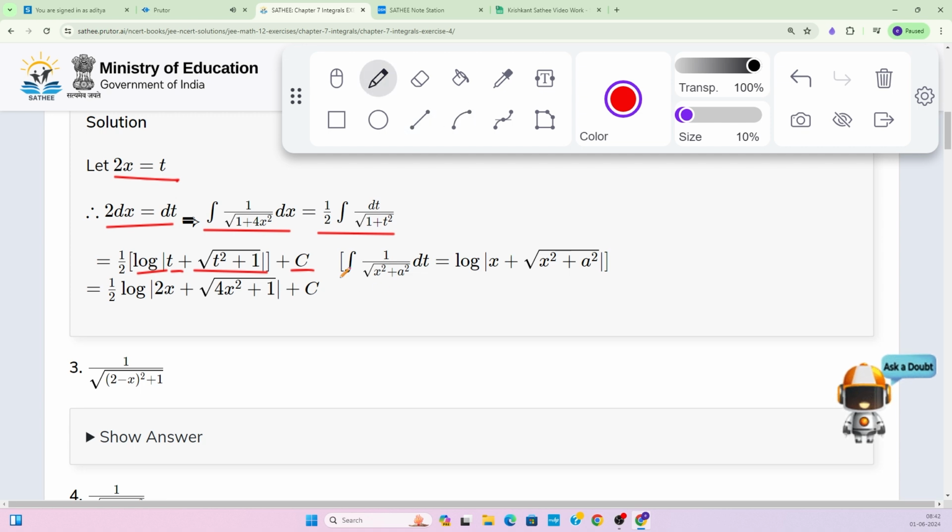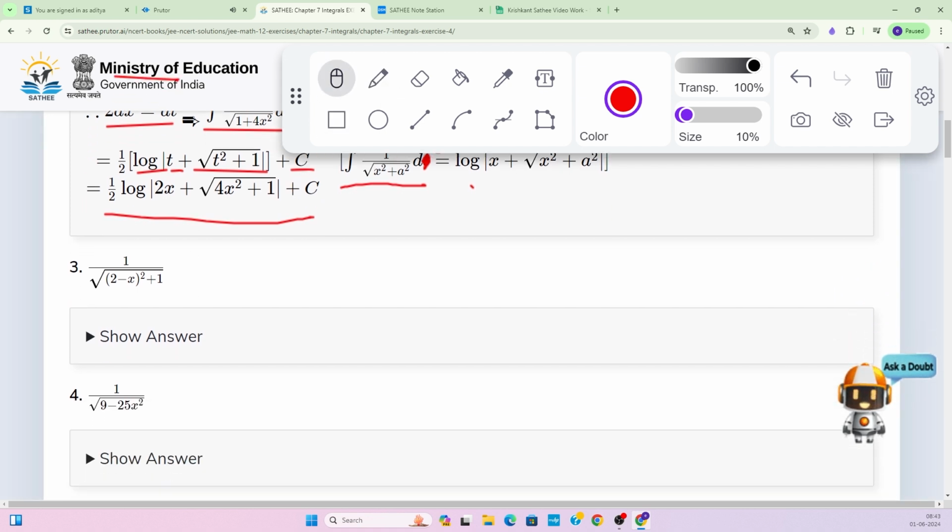As you can see from here, that 1 by root x square plus a square dx is equals to log of modulus of x plus root of x square plus a square. Okay, and just substitute back your value for t in terms of x. You will get this as your answer. Okay, simple. I hope it is clear to you.